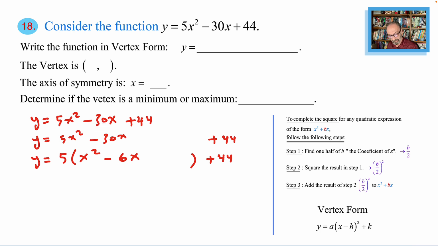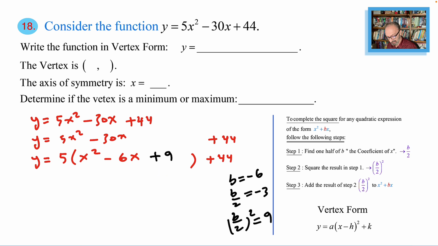And that's what we look at right here and take half of it. So b is -6. b over 2, following the steps on the right side, will be negative 6 over 2, which is negative 3. And square that, that will give me 9. So I need to add 9. But make sure, like last time, it's not actually 9.